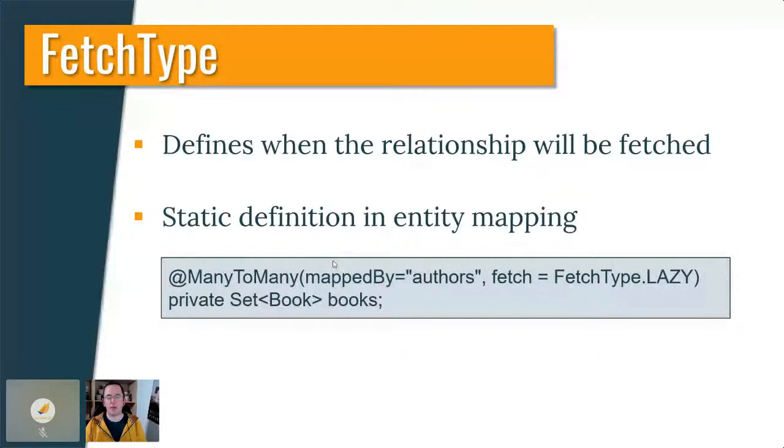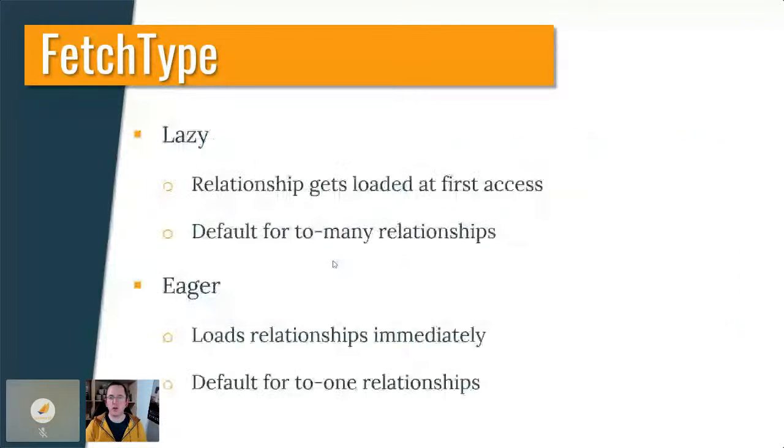So we can either choose between lazy or eager, and that will be used everywhere. And that makes the static definition of the fetch type so problematic, because you will not find one static fetch type definition that is the best fit for all of your use cases.